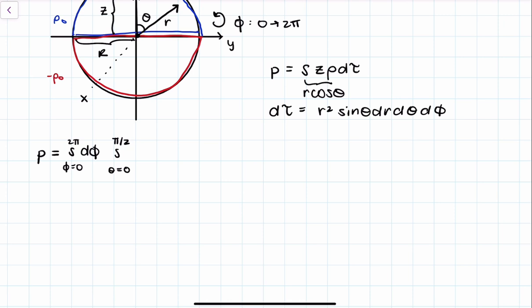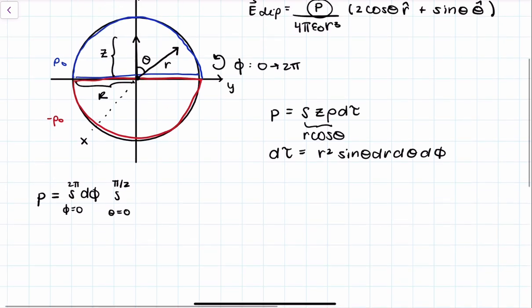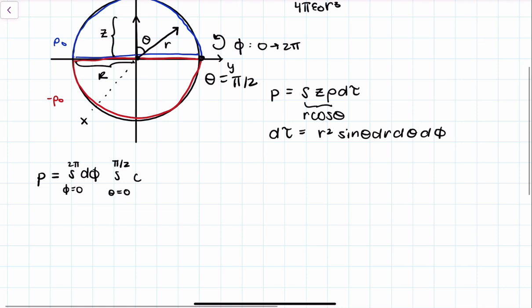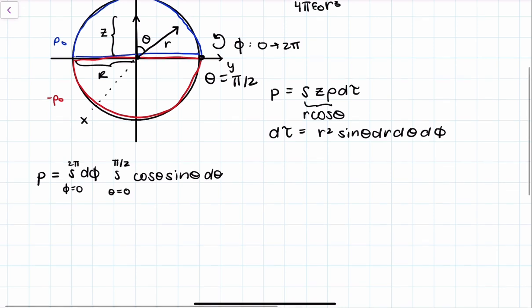For the northern hemisphere, we're going from theta equals 0 to theta equals pi over 2. And then we have cosine theta, sine theta, d theta. And then we are going from r equals 0 to r equals big R. And because we already have an r here, when multiplied by the d tau element, we have r cubed dr.